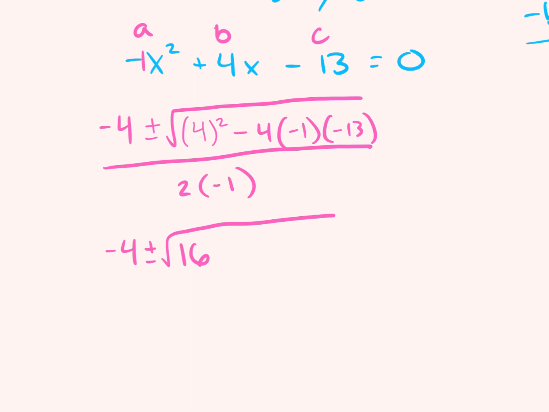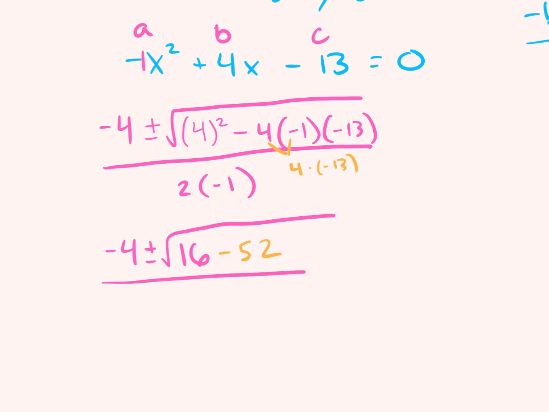And then I can multiply 4 times negative 1 times negative 13. So 4 times negative 1 would be positive 4. And what's 4 times negative 13? Negative 52. Perfect. So it would be minus 52.